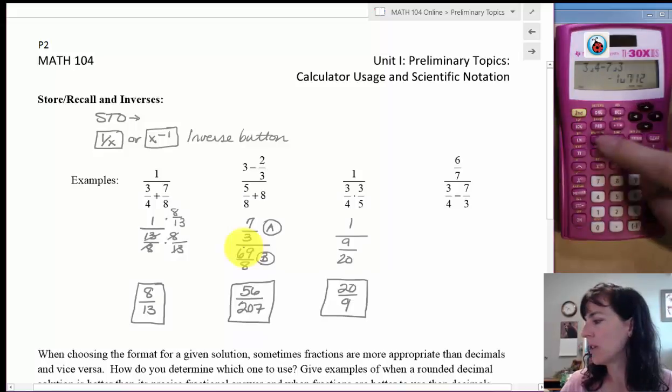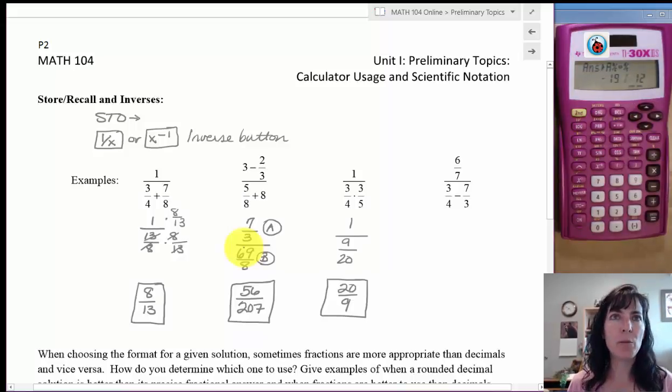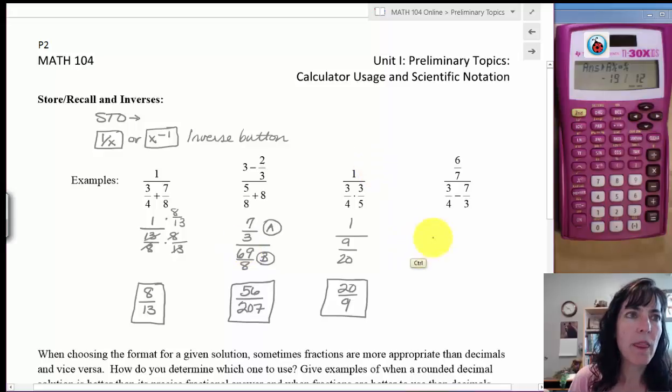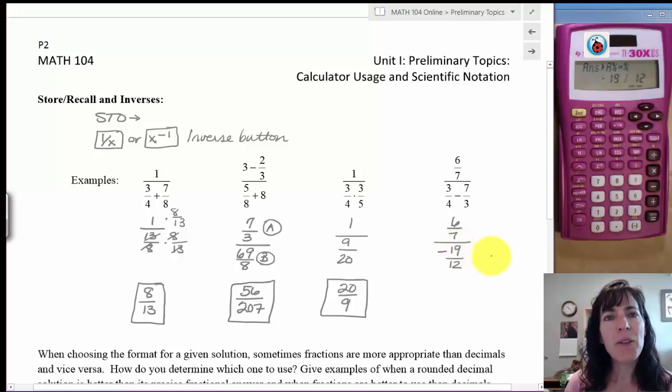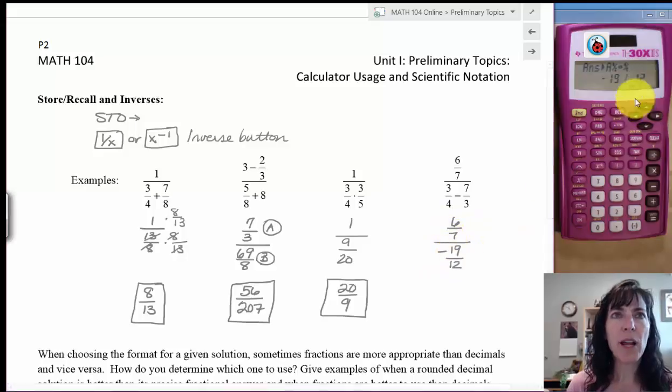equals, convert that back into an improper fraction, and I have 6/7 over negative 19/12. Now that's a simple division problem that I need to do. And 6/7 divided by whatever is sitting here sounds a lot like 6/7 divided by answer.